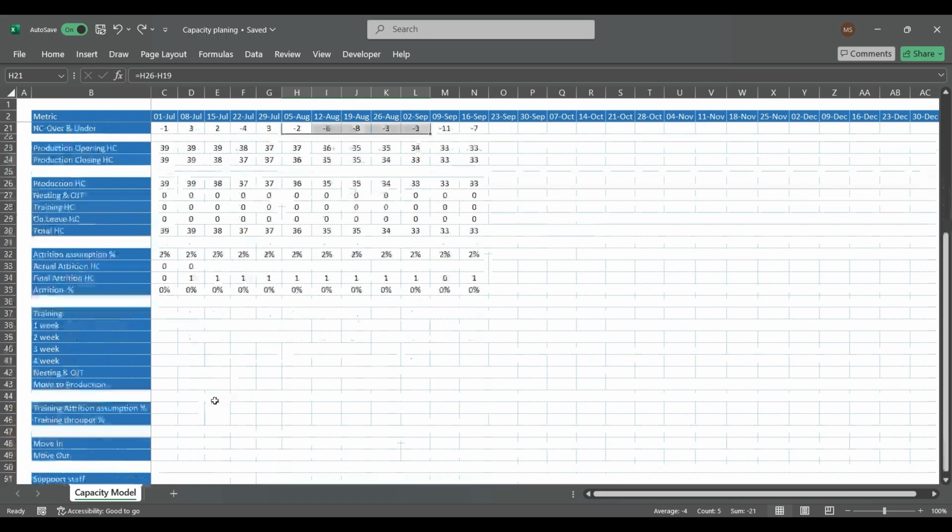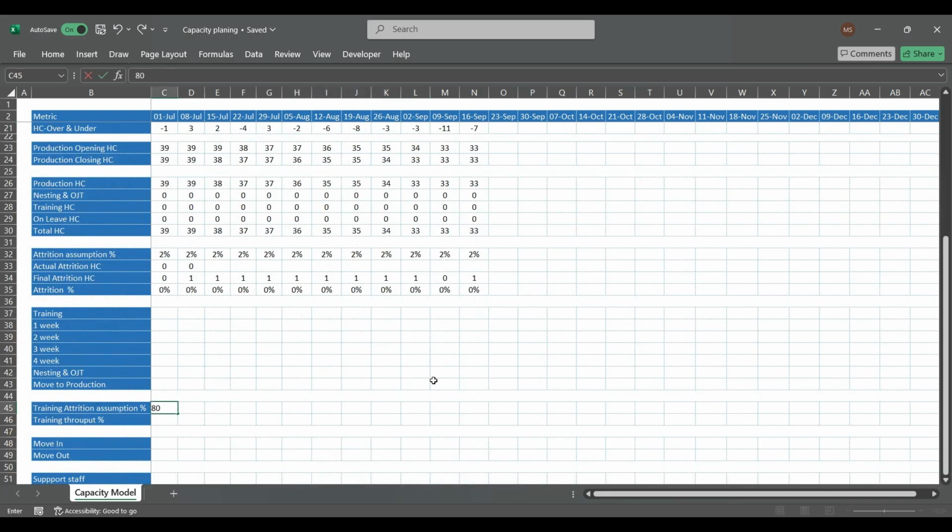First we need to check, because here we have considered 80% training throughput. We have also considered training attrition of 2%, and calculated the training throughput at 80%. Based on this, first we need to calculate this.